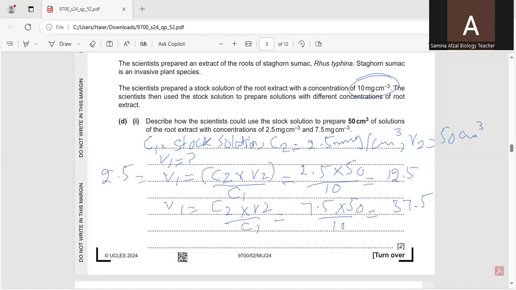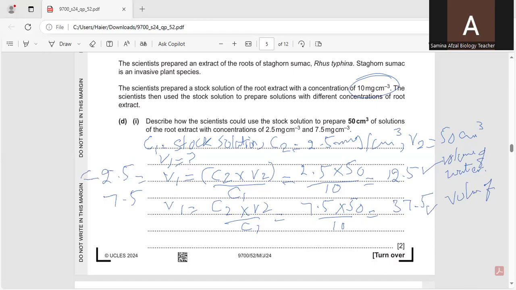So it means for concentration 2.5, this is for 2.5, this is 7.5. We need volume of water. And then what will be the volume of stock?